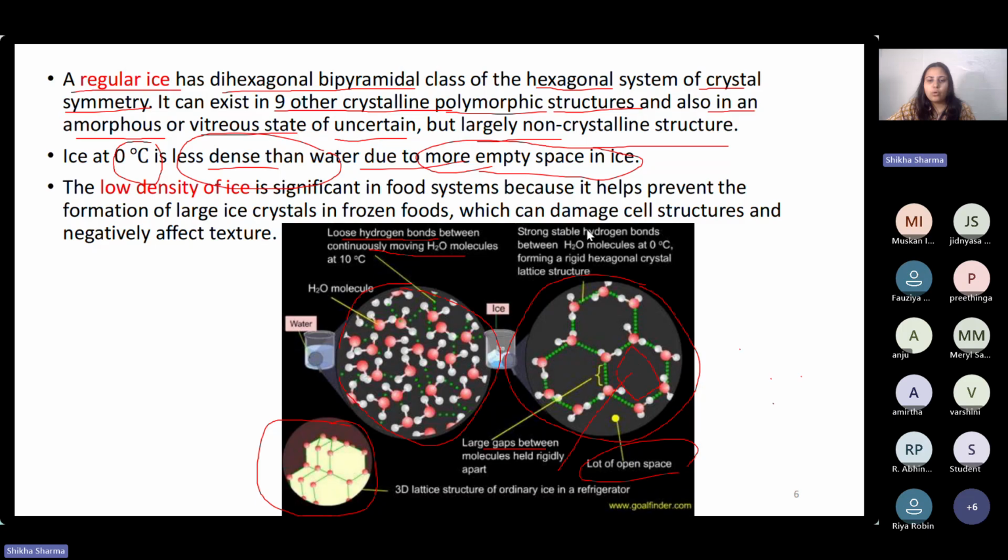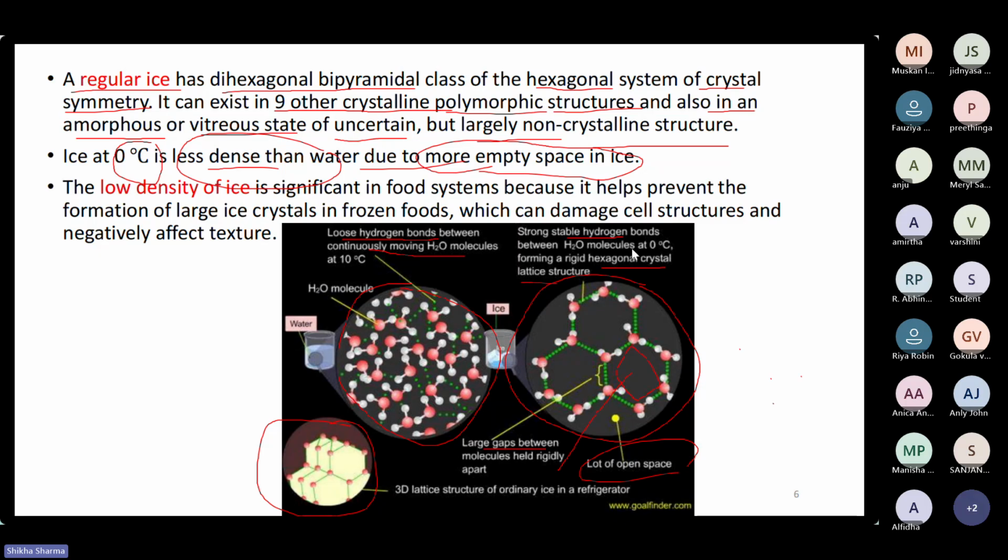It is because of the formation of strong, stable hydrogen bonds between water molecules at 0 degrees Celsius, which forms a rigid hexagonal crystalline structure, which we discussed. So it forms this structure.